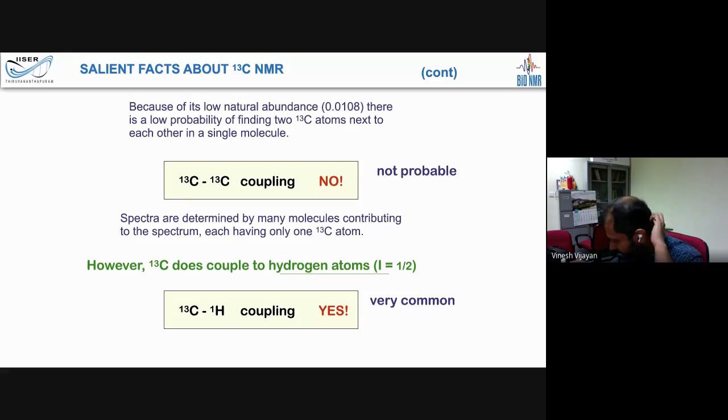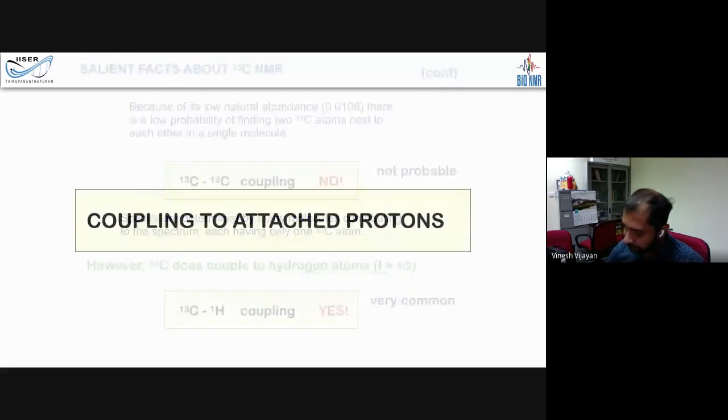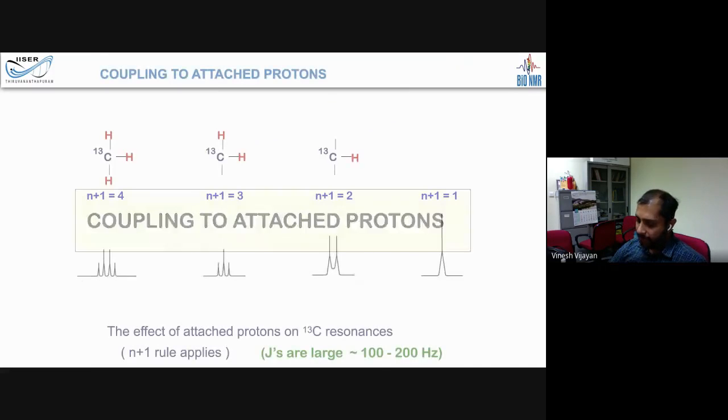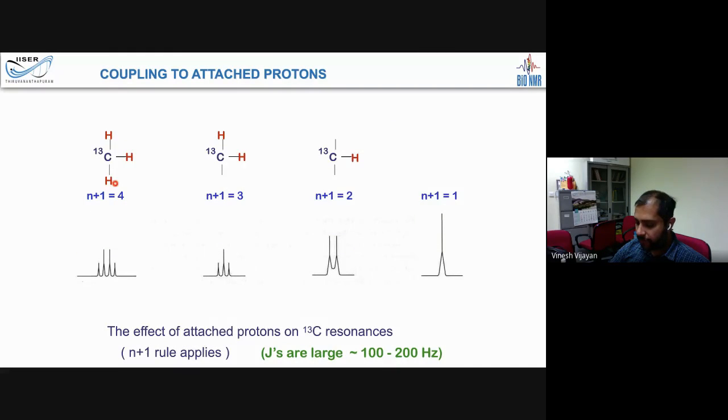Now what happens if you have a 13C attached to 3 hydrogens? Just like n+1, you have 4 peaks, in the ratio 1:3:3:1. If you have CH2, then you have a triplet. If you have a CH, you get a doublet. If you have no hydrogen, then you get a singlet.